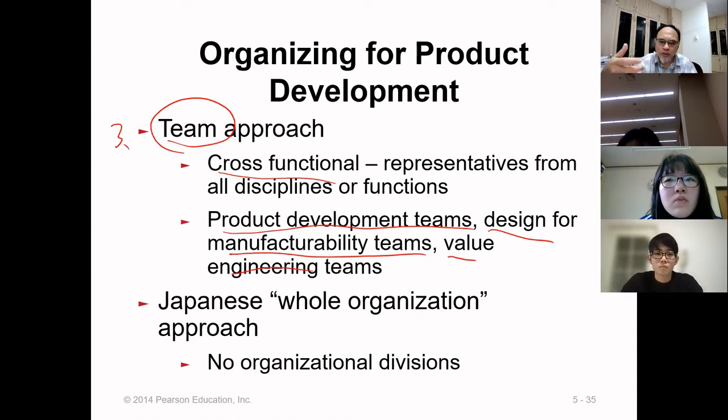Can you use a different design? Can you use a different material to meet the function? Okay. And the other well known is the Japanese whole organization. Whole organization means there is no organization division. Everybody is involved in the product development or product design.